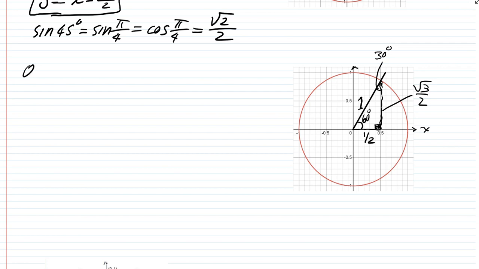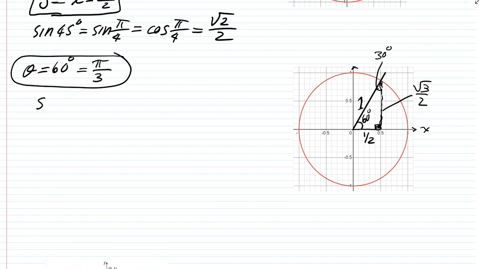Now let's do the trig measures for 60 degrees. 60 degrees is going to be pi/3, when you do 60 times pi divided by 180. So the trig measure, sine of pi/3, is just y, which is √3/2.